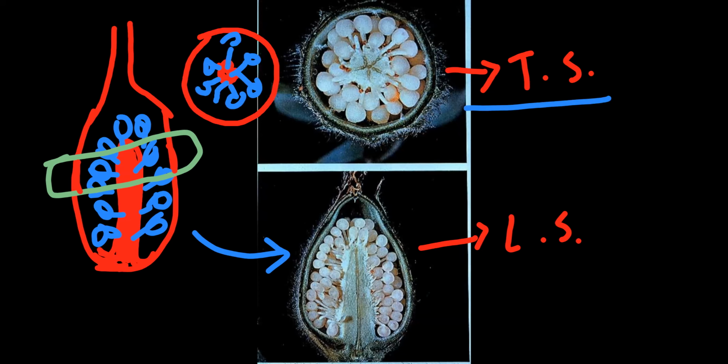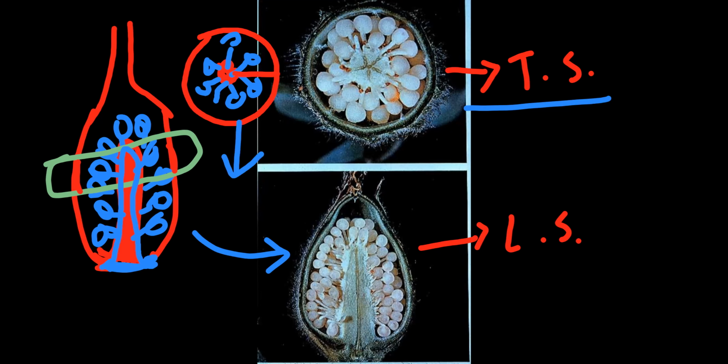So here the placenta, actually, you see in the LS that from the base of the ovary this thing is attached, that upgrowth which forms the placenta. But in this one TS, we have previously studied marginal, axile, parietal with TS, so this one we also go with TS. Now if you observe the TS, the placenta is at the center, but this placenta is not attached to the wall of the ovary.